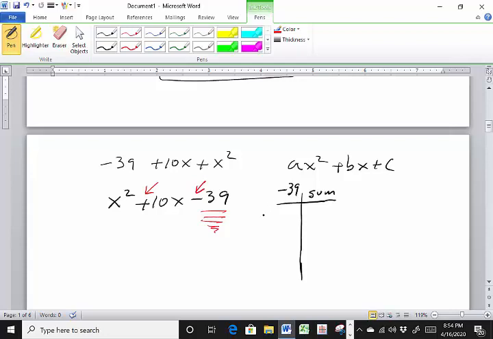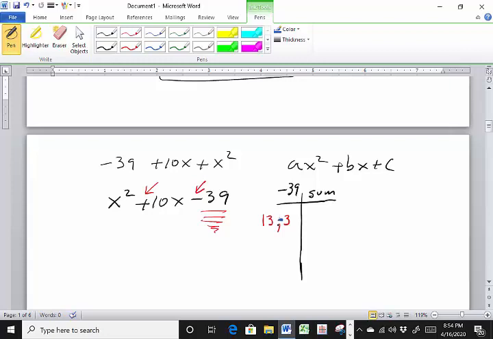Let's forget about the sign right now, but we know that 13 times 3 is 39, right? But to get a negative 39, either the 13 has to be negative or the 3 has to be negative, right? Because a positive times negative is a negative, or a negative times positive is negative. Okay? But like I said, when we take the sum it has to be positive. So the larger value needs to be positive. So the negative needs to go on the 3.